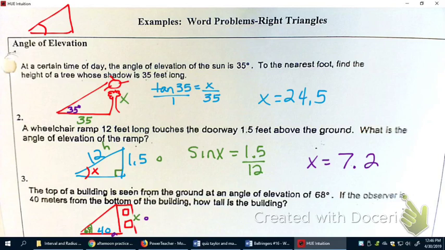So Nevada, which one are we going to do? We have O and A. So which one are we going to do? Tangent. So we're going to have tangent, write down our angle, then O, and then A. Cross multiply, and let's solve.